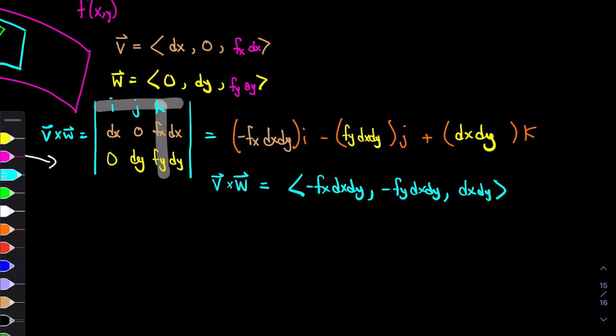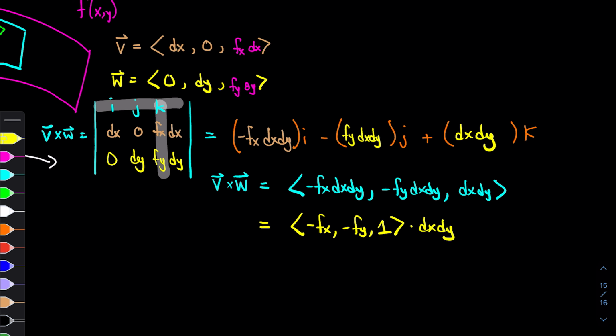Boom, there's our vector. Now, dx dy, by the way, represents our dA. It's some small change in area. This is just some quantity, it's not something we're calculating. Every single component has it, so I'm going to go ahead and factor it out. So this is the vector negative f sub x, negative f sub y, 1, multiplied by dx dy.